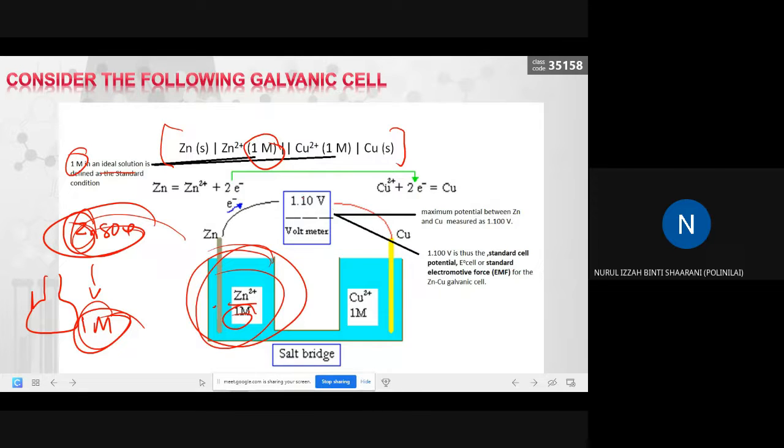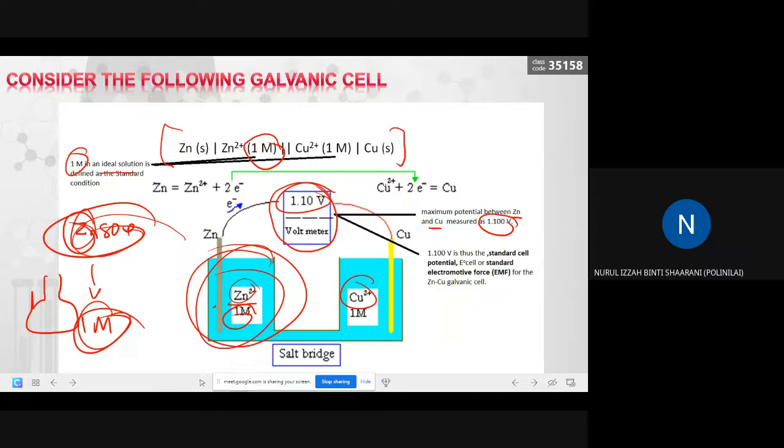So this one, 1.10 volt ni is the maximum potential value between zinc and copper. Bila kita ada zinc and also copper as an electrode, bila kita combinekan dua ni as electrode anode and also cathode tu, maximum potential between dua electrode ni yang terhasil is 1.10 volt.